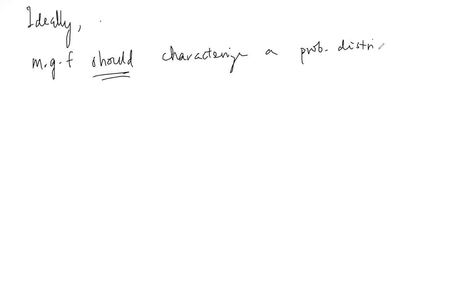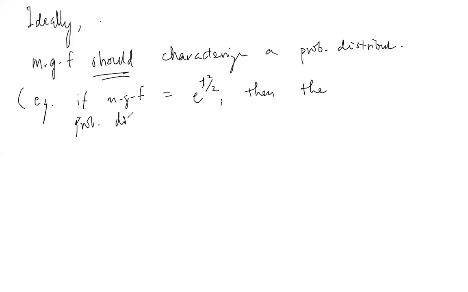Which means if the MGF is equal to e to the t squared over 2, then the probability distribution is standard normal.